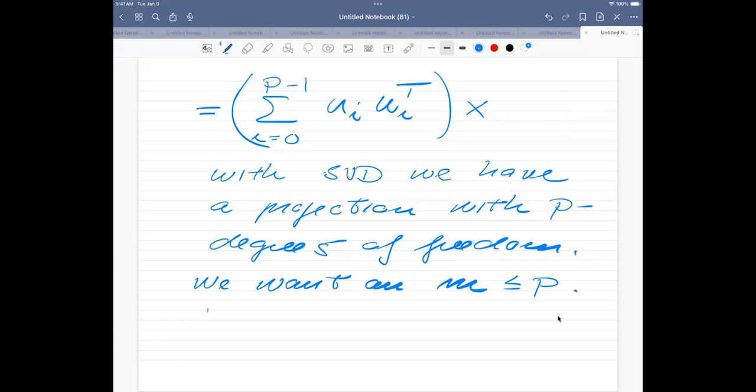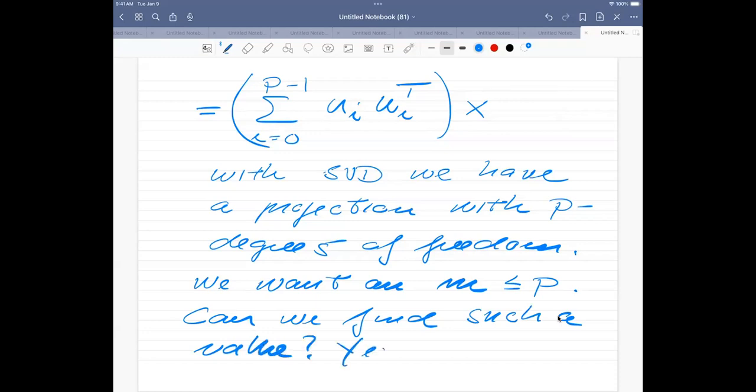So we find such a value. So obviously when I ask the question, then yes, principal component analysis is one of the ways of doing that.